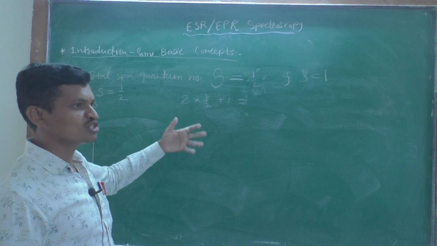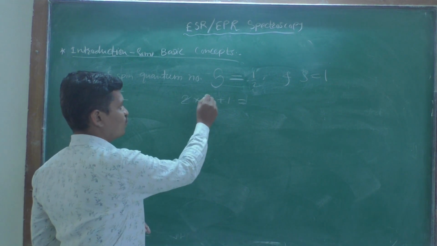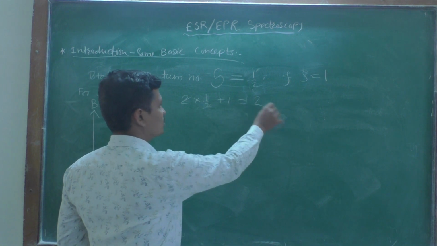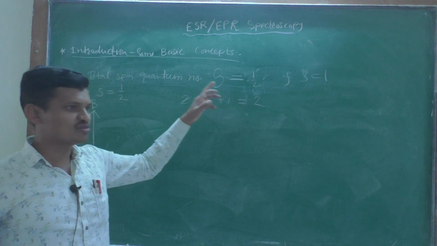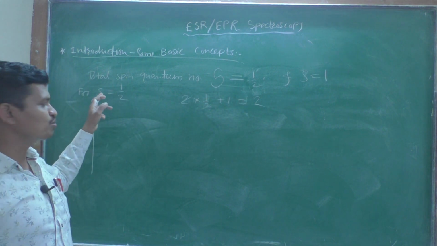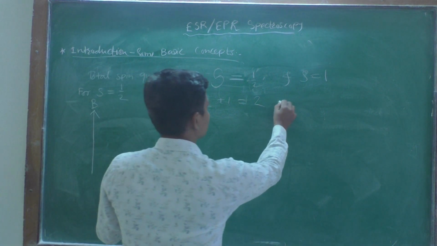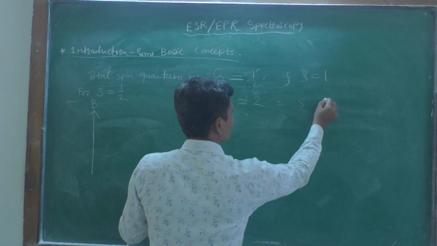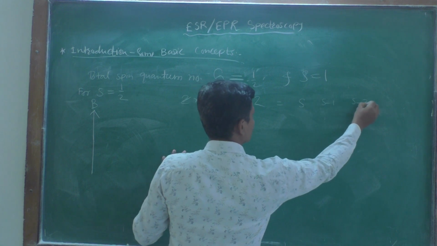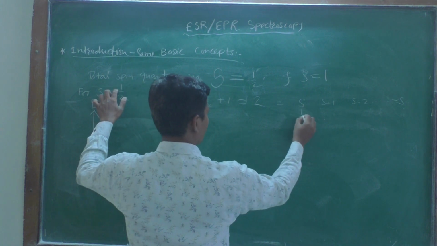So how many possible values are there? 2 into 1/2, so the 2 cancels, 1 plus 1 equals 2. So two ms values are possible for total spin s equal to 1/2. These are s minus 1, s minus 2, up to minus s. So what is s? s is equal to plus 1/2.